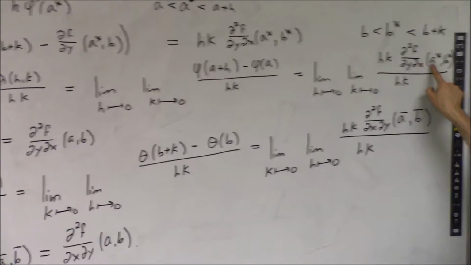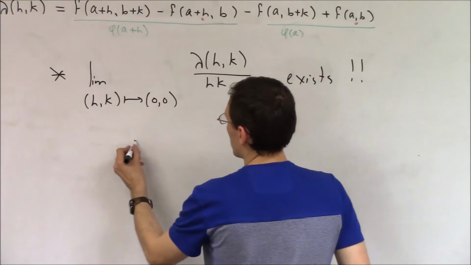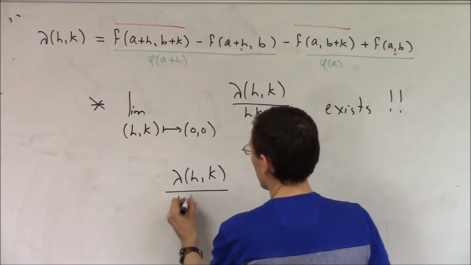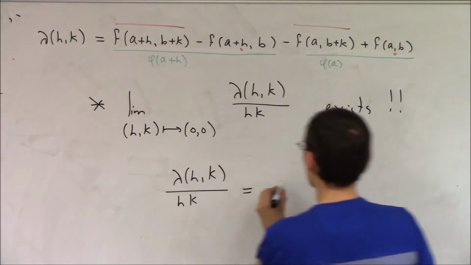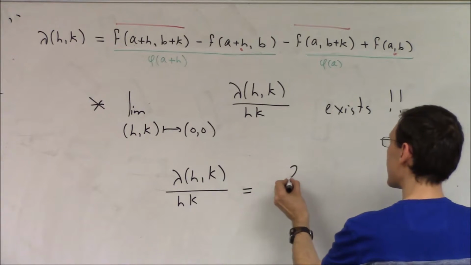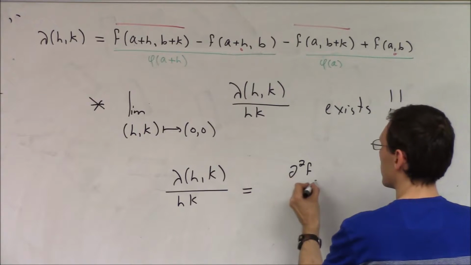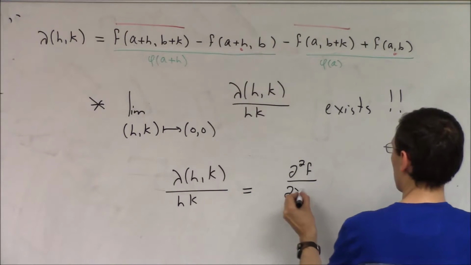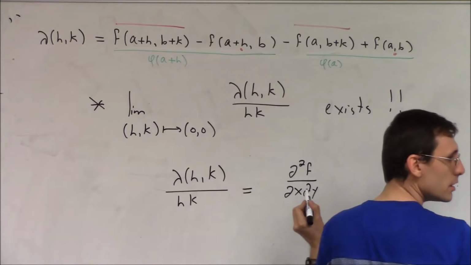They're really functions of h. So here is how we should say. We should say that lambda of hk over hk is equal to the partial derivative of f with respect to x and y.